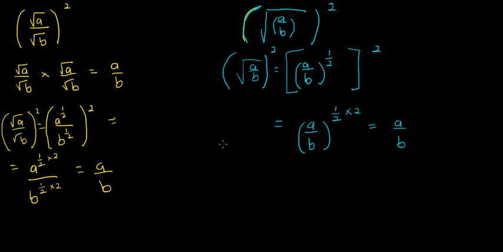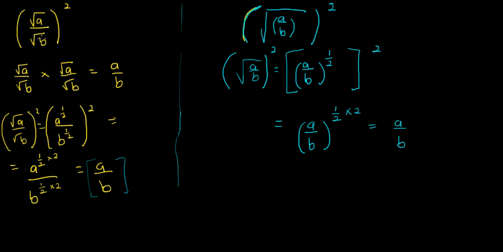Now we're going to use the same logical deduction to come up with a result, just like we did in the previous video where we had multiplication of surds. Dealing with the left hand side now, this yellow side, we got a over b when we squared the square root of a over the square root of b.